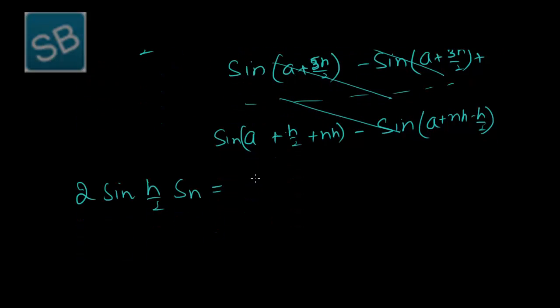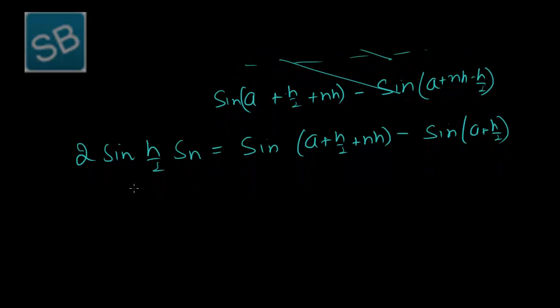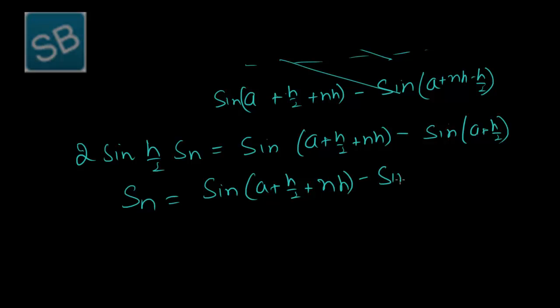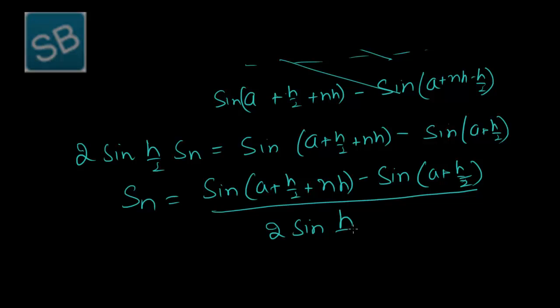So we get sin(a + nh + h/2) minus sin(a + h/2). So Sn is equal to sin(a + nh + h/2) minus sin(a + h/2) over 2 sin(h/2).